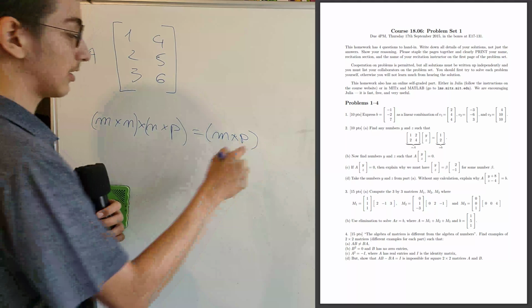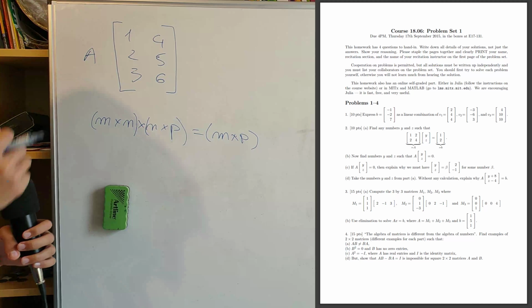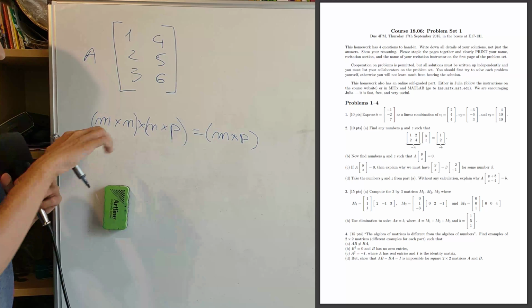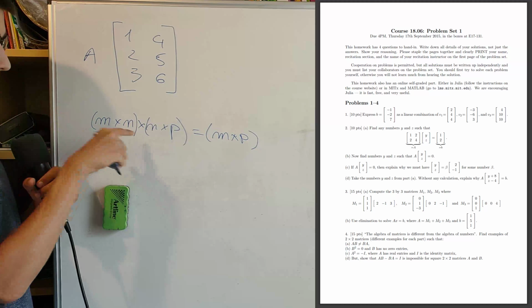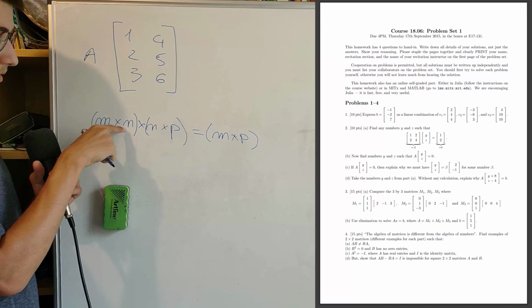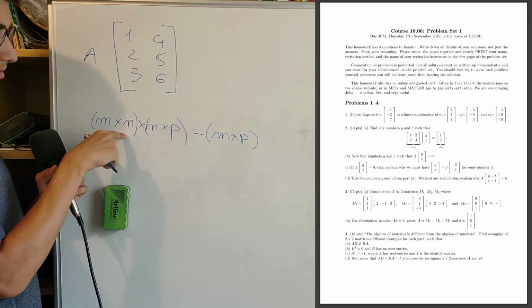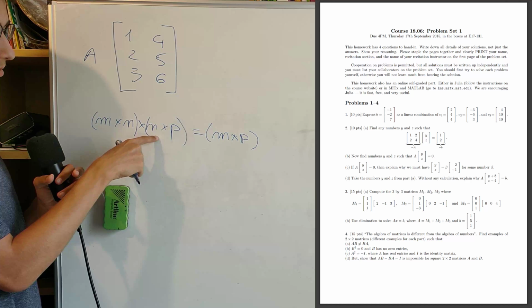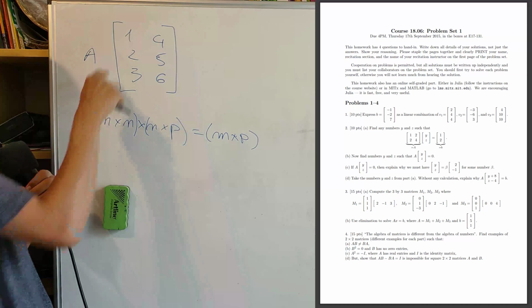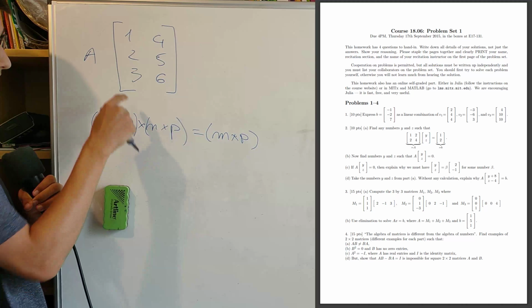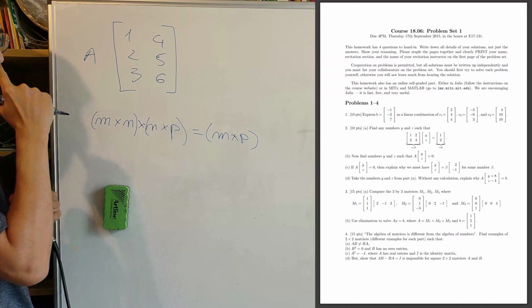It's all in the course. This means the number of columns of the first matrix should be the same as the number of rows of the second matrix. So A is 3 by 2 because it has 3 rows and 2 columns.